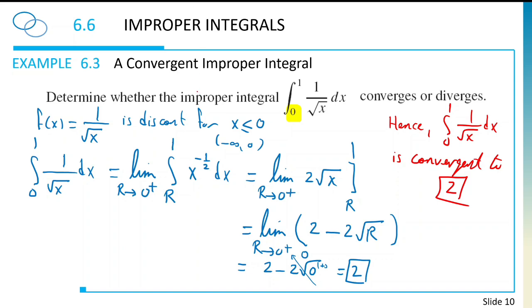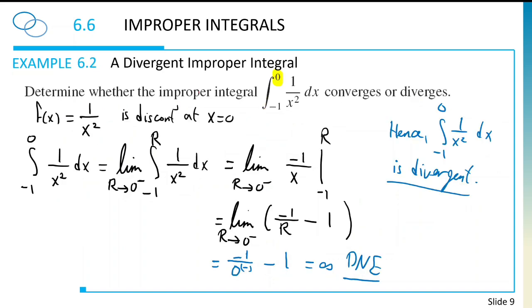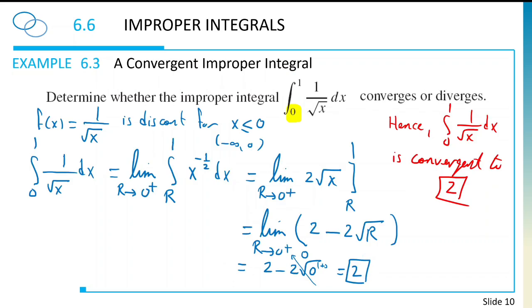So we saw the first example, 6.2. We had the limit does not exist, so it was divergent. For this question, we notice that it's convergent, so the limit exists, so the integration is convergent to the same number. It's convergent to 2. Okay? Hopefully all is clear by now.